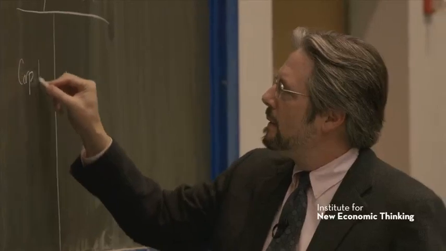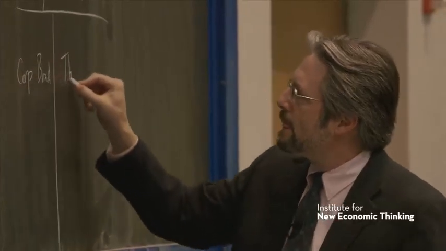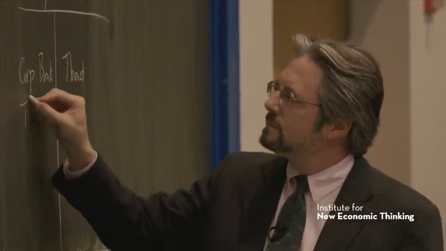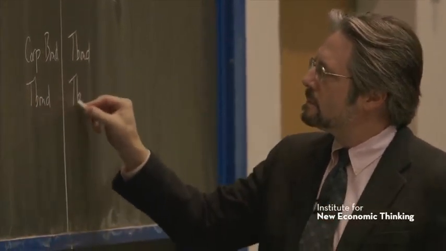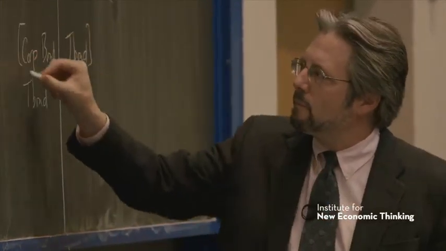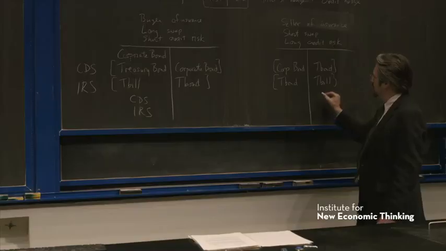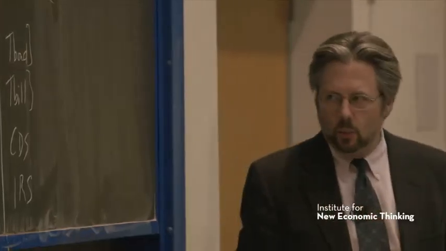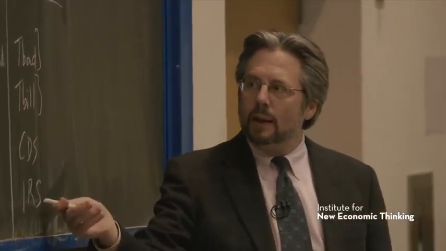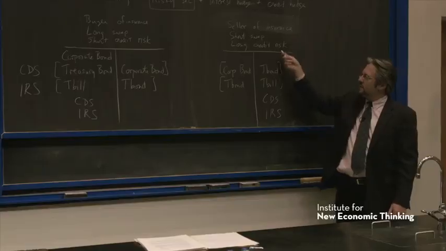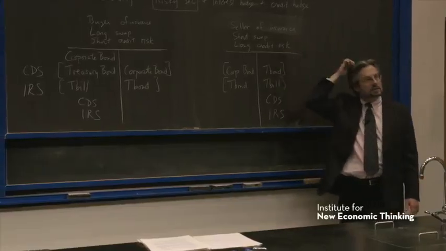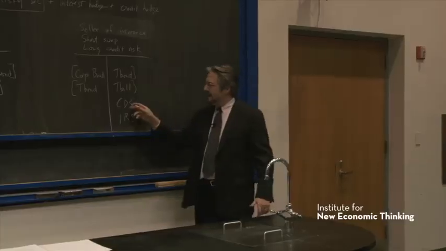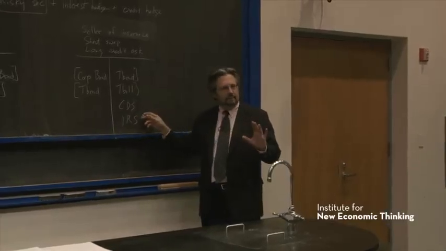So, okay, and that is a CDS and an interest rate swap, which we're going to book as contingent liabilities. So this is the seller of insurance. They're long credit risk. They're short the swap. Okay, so this language is consistent. We're treating CDS and IRS the same.